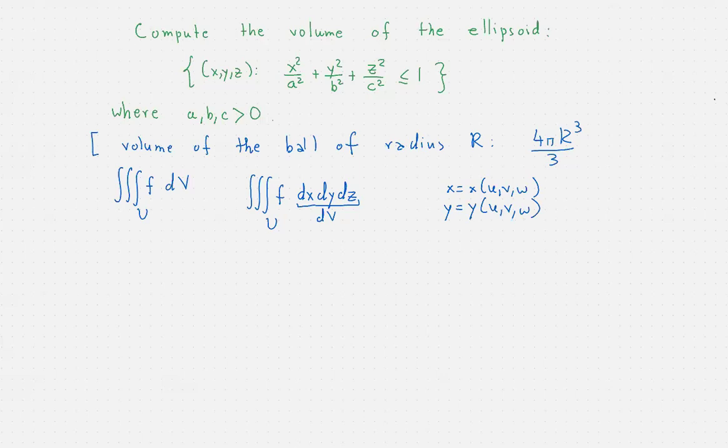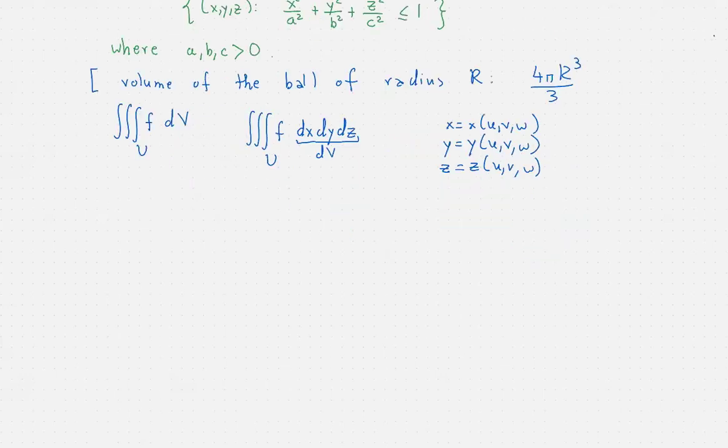Then the question is, what is the way to compute the same integral in terms of u, v, w? Basically, we will first need to describe U in terms of the new variables. So let me denote it by U prime and say that this is the description of U in terms of u, v, w. And here the understanding usually is that it's going to have a simpler description.